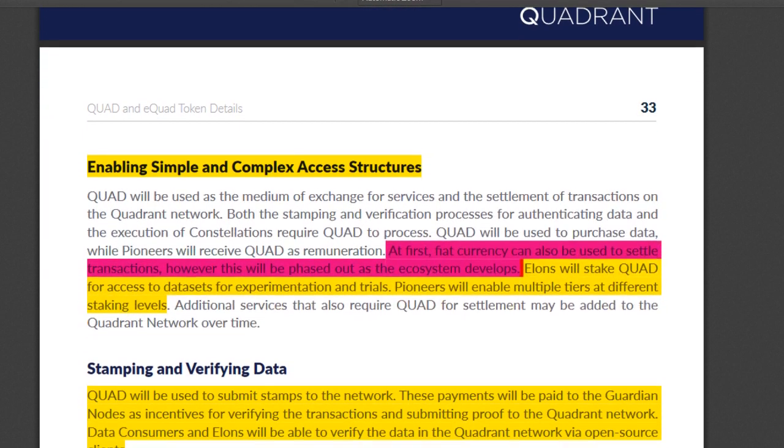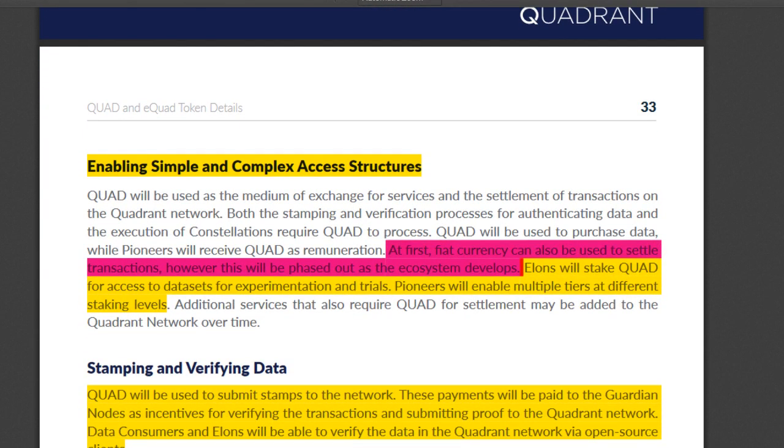Now this is the part I was talking about, simple versus complex structures. This is a weird spot to put it in the paper because it's in the token generation portion. I don't know why that happened that way. But this is talking about how you pay for accessing information. At first, fiat currency is used to settle transactions. This will be phased out as the ecosystem develops. No surprises there. Elons will stake Quad for access to databases for experimentation and trials.